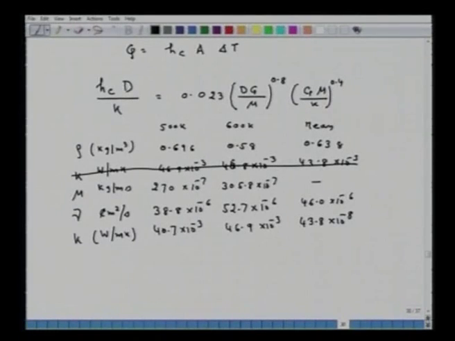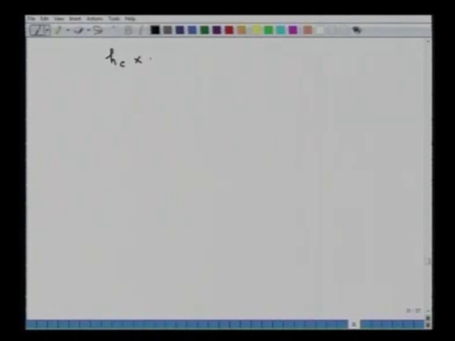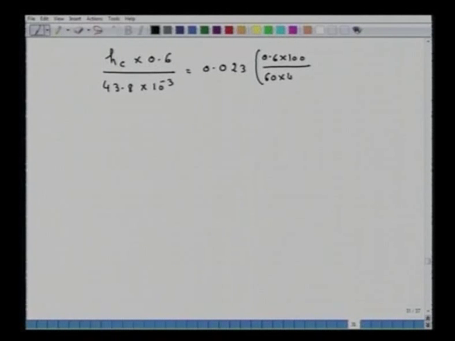Now, what we have to do? We will substitute in the formula to determine the heat transfer coefficient. So, I will just do it for you: Hc into 0.6 divided by 43.8 into 10 to the power minus 3 is equal to 0.023, into 0.6 into 100 upon 60 into 46 into 10 to the power minus 6, to the power 0.8, and the Prandtl number is 0.74.